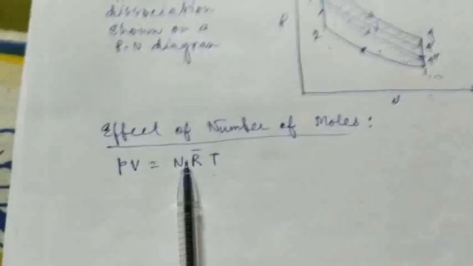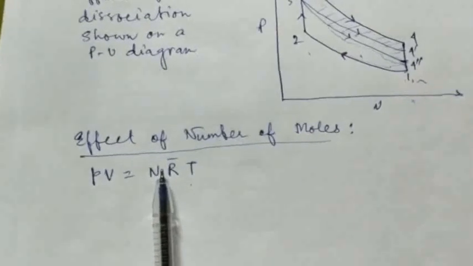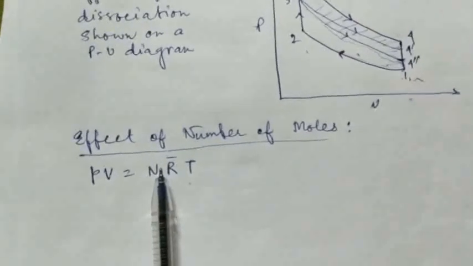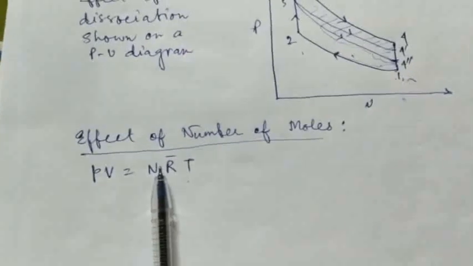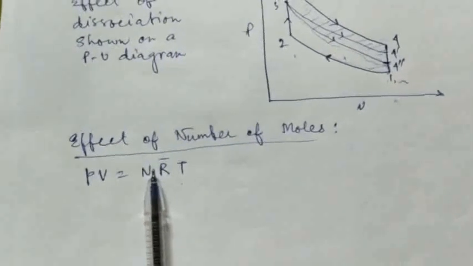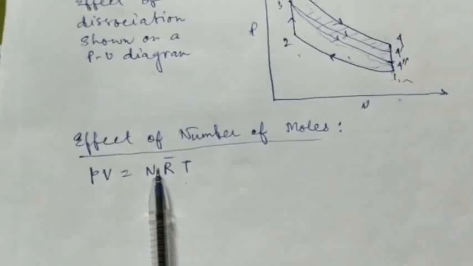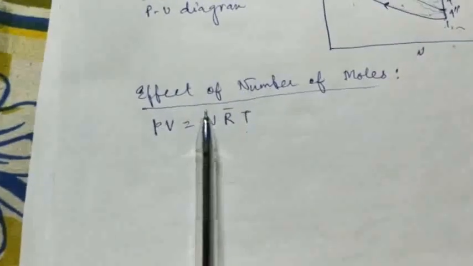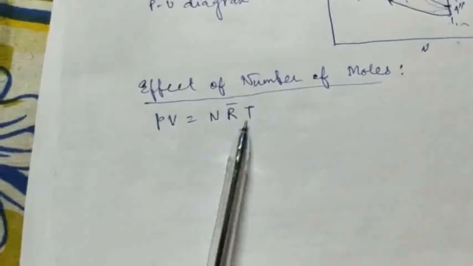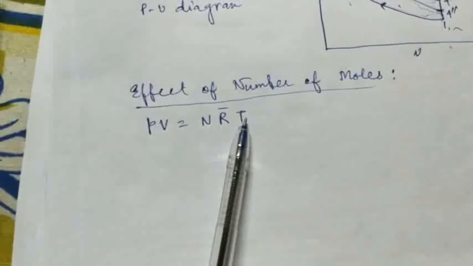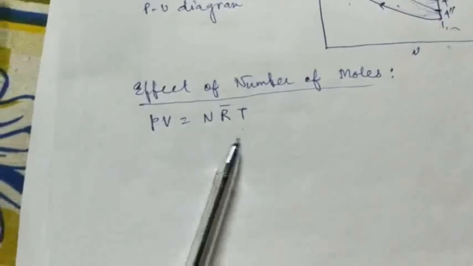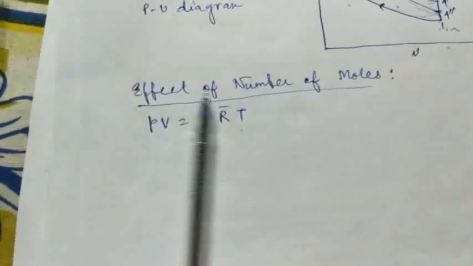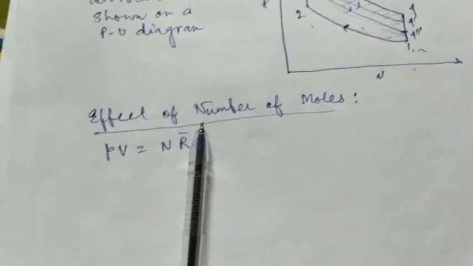The pressure depends on the number of molecules or moles present. This has a direct effect on the amount of work the cylinder gases can impart on the piston. That means if the number of moles increases, after heat addition the temperature rise will increase much more and the peak pressure rise will also increase much more.